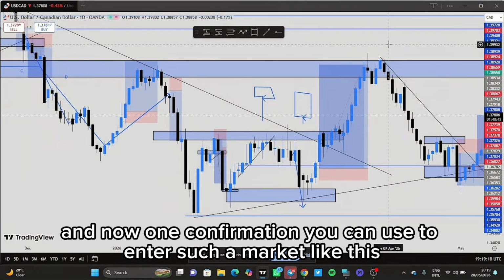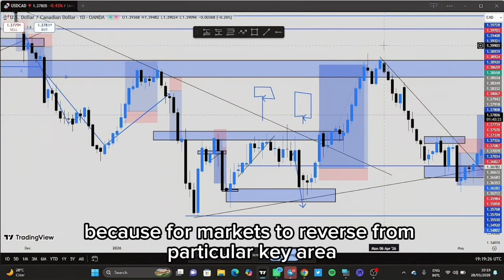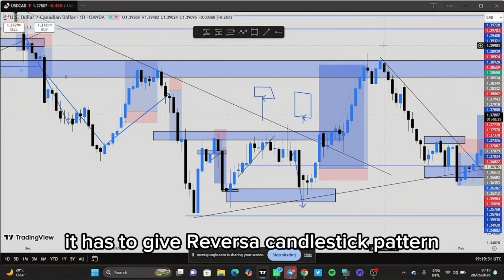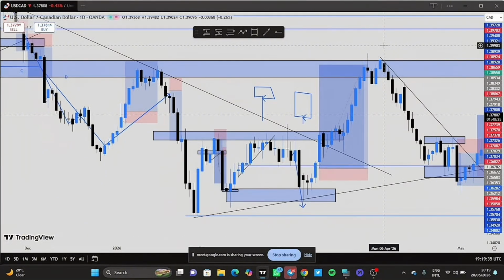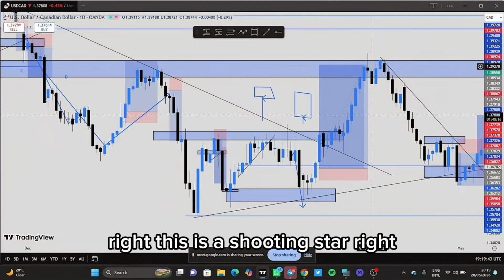And now one confirmation you can use to enter such a market is to investigate reversal candlestick patterns, because for markets to reverse from a particular key area, it has to give a reversal candlestick pattern, just like your bullish hammer, bearish hanging man, bullish hanging man, and shooting star, for instance, right? This is a shooting star.